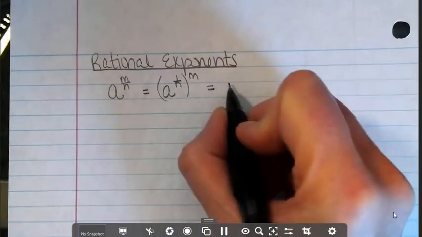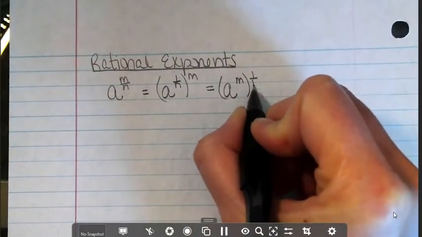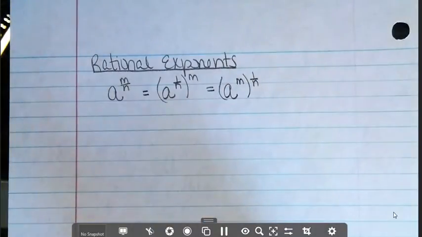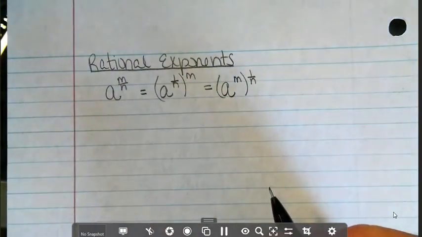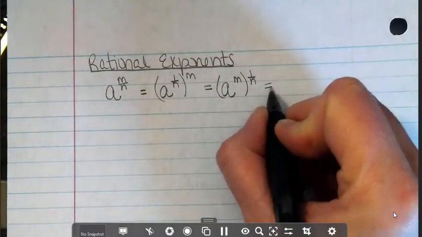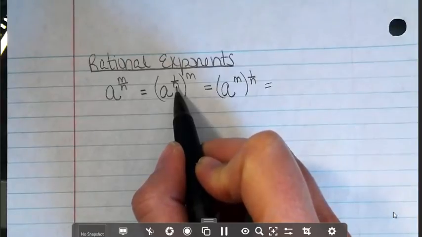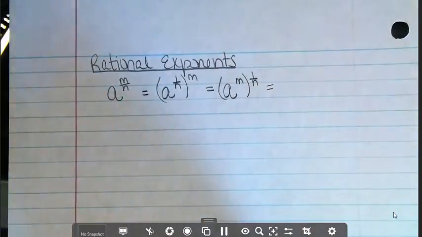Maybe instead you saw it as a to the m raised to the 1/nth, right? Because m over 1 times 1 over n would give me m over n when I multiply them. Any power raised to a power you multiply, in case you forgot that. Or I could write this in radical notation. The way that you write this in radical notation is that whatever your denominator is, that's your root.